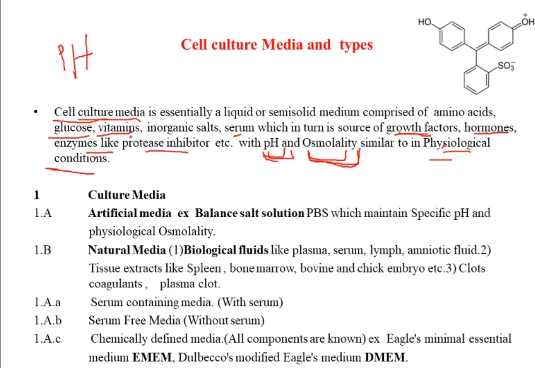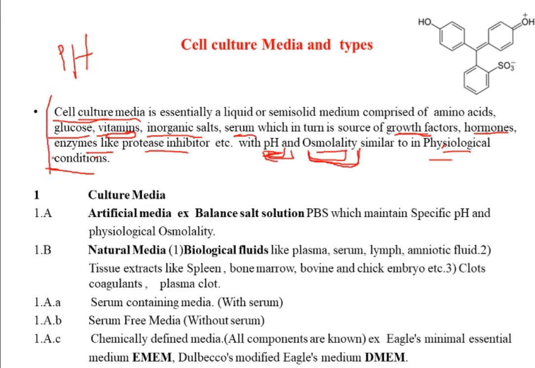Then vitamins are required because if you want the enzyme to work properly, the enzyme requires prosthetic groups and cofactors. That is provided by the vitamins. Enzymes play a very important role in the metabolic reactions. Then besides this, we have micronutrients. Then we have balanced salt solution. Then we maintain a specific physiological pH. And besides this, we provide growth factors, hormones and enzymes to the cell so that it can grow properly.